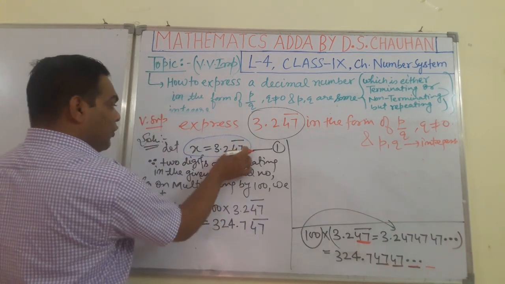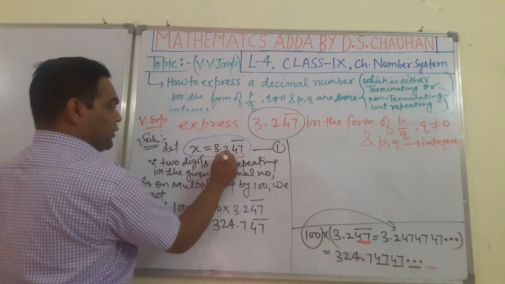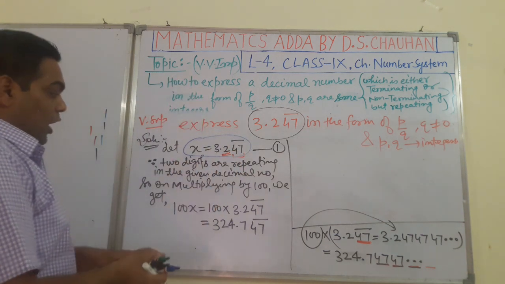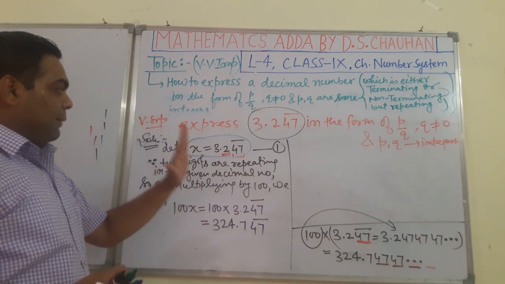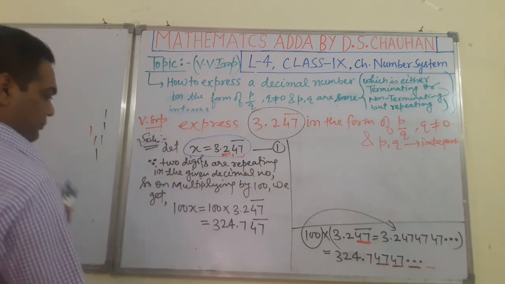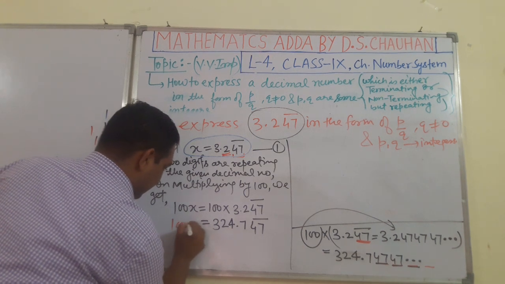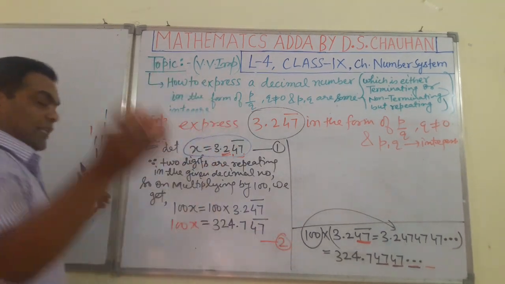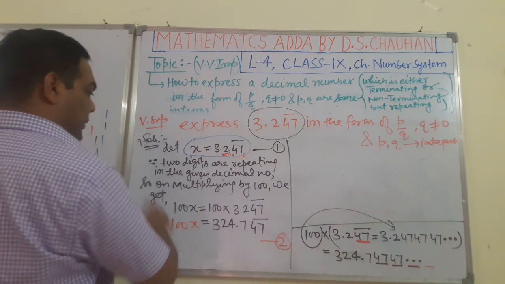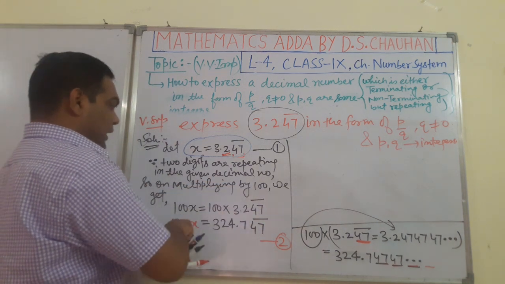So before 47 bar a number 2 is present. How can we deal with this number? Try to understand easily, I am going to explain. This is 100x, let it be equation number 2. As we did earlier, in the same way we are going to proceed.